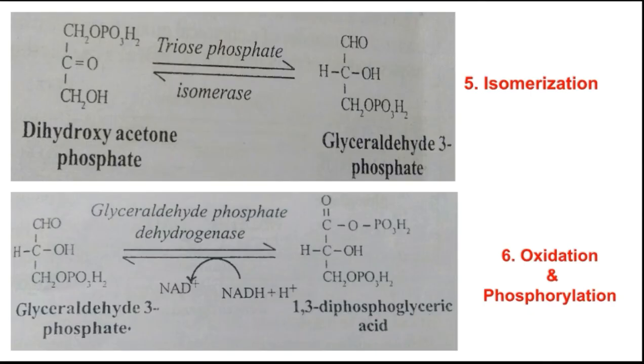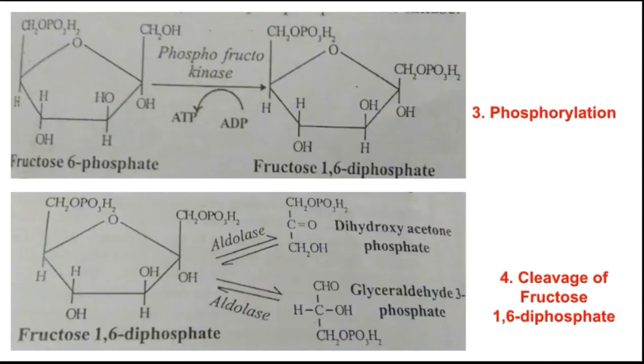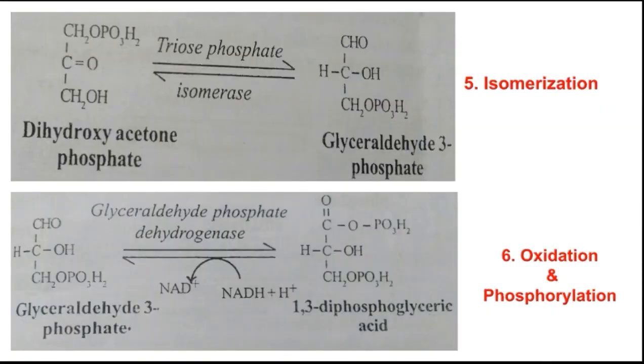In the last slide we saw that two molecules are formed, dihydroxyacetone phosphate and glyceraldehyde 3-phosphate. Glyceraldehyde 3-phosphate is on the direct pathway of glycolysis, but dihydroxyacetone phosphate is not. So dihydroxyacetone phosphate can be readily converted into glyceraldehyde 3-phosphate, as both are isomers.